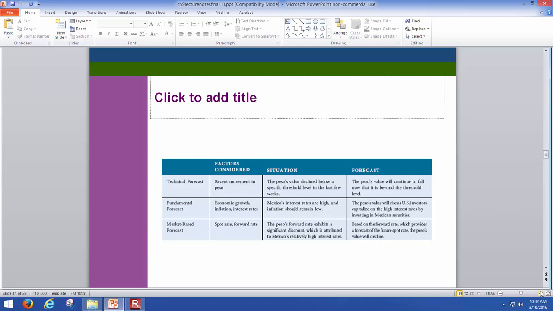Two of the three methods say that the peso is supposed to decline, and one of them, the fundamental forecast, says that it is expected to increase. Based upon this, there's a high chance that the peso will decline.